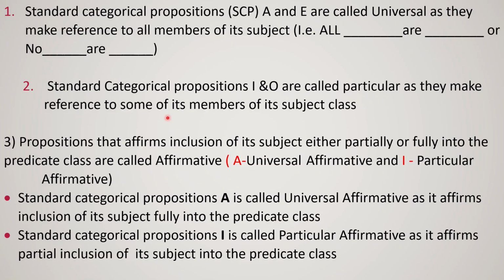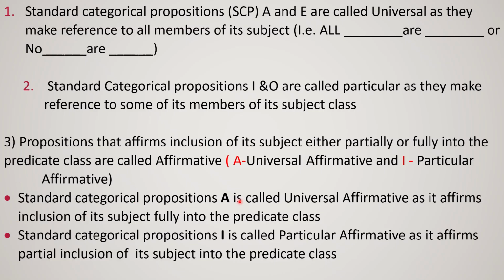I and O are called particular as they make reference to some members of the subject class, whether they are included or not included in the predicate class. Propositions that affirm inclusion of their members either partially or fully into the predicate class are called affirmative, like A, which is universal affirmative, and I, which is particular affirmative.